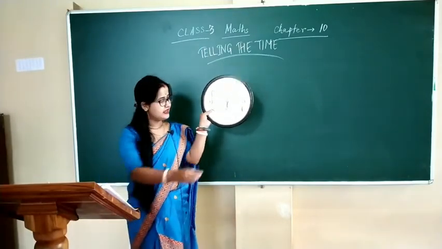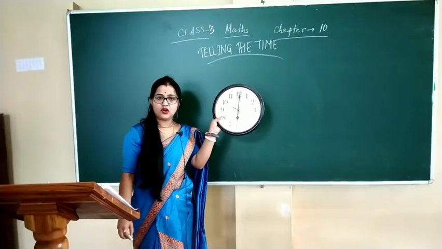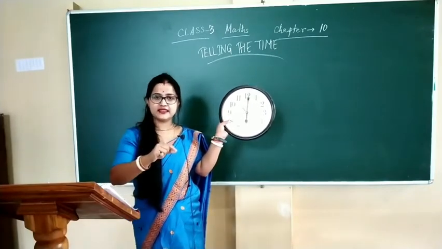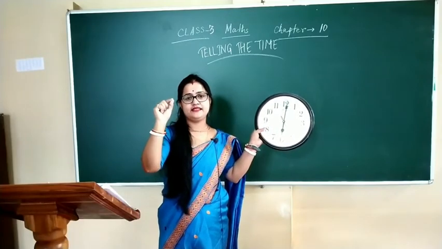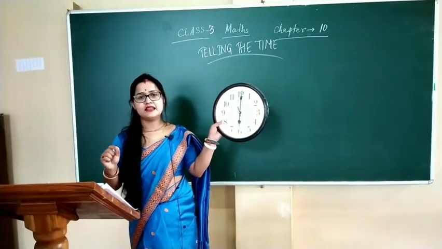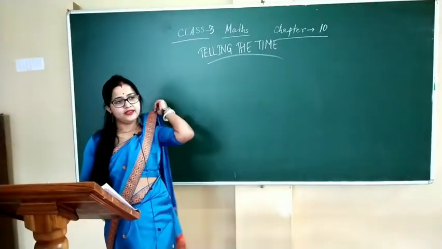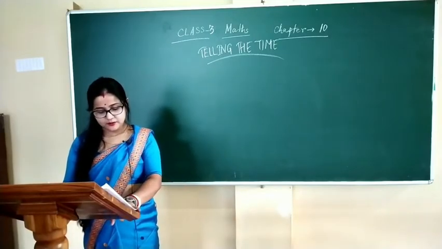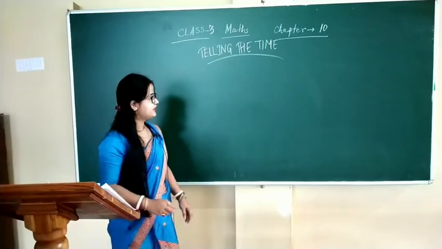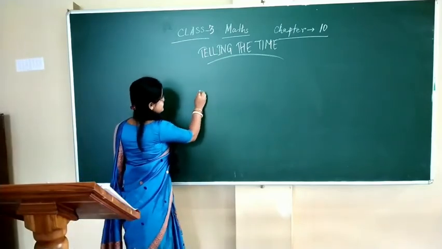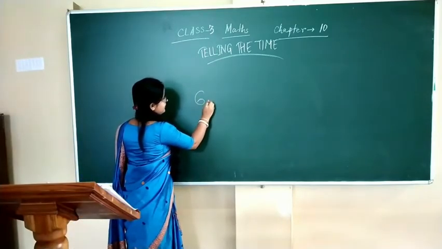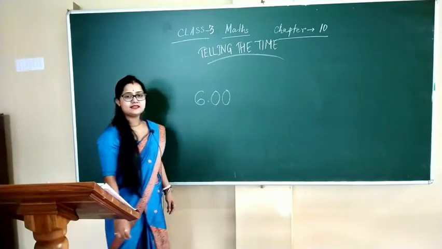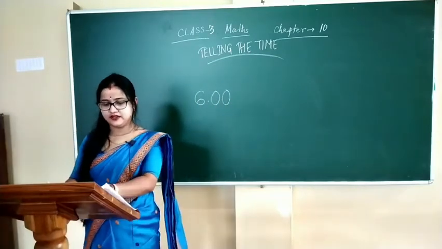It is 6 o'clock, because the short hour hand is in 6 and the long minute hand is in 12. When it is 6 o'clock, we say it's 6 o'clock, but while writing, we write 6 colon 0 0. Okay?